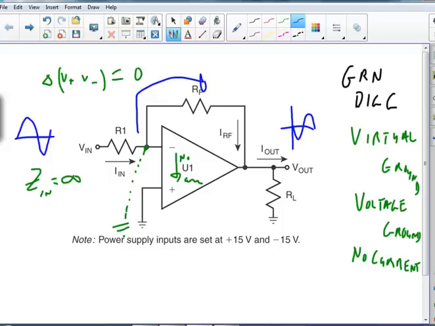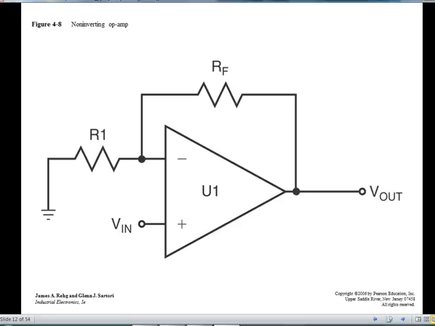I'm coming in the negative terminal, so when I'm positive on the half wave on the input, I'm going to be negative on the output. When I'm negative on the input, I'm going to be positive on the output. So this is an inverting amplifier. This is a non-inverting amplifier. I'm coming in the positive side.